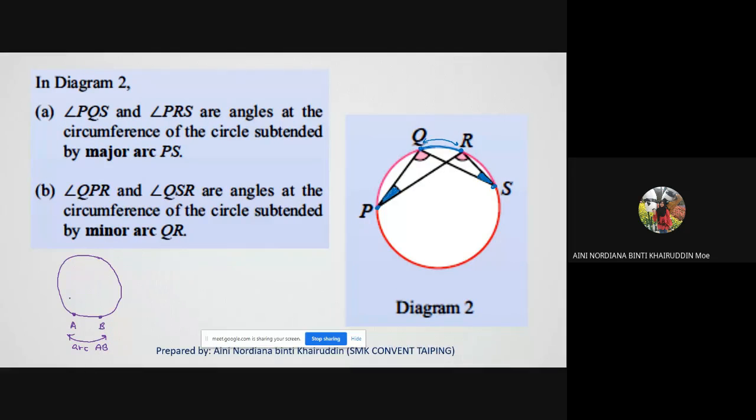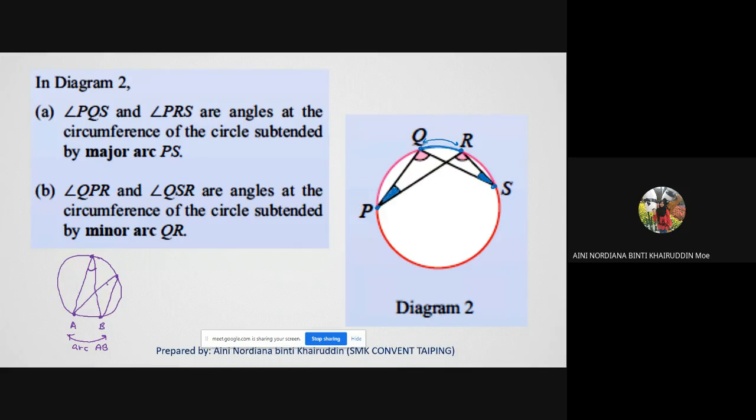Okay. And then you have two chords that meet at one point on the circumference. So this is the angle subtended by this arc. And then you have another two chords from the same arc meet at one point in a circumference.